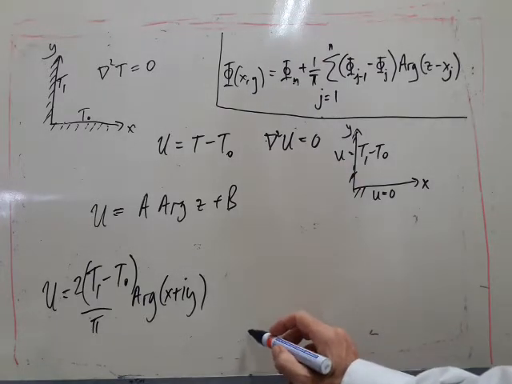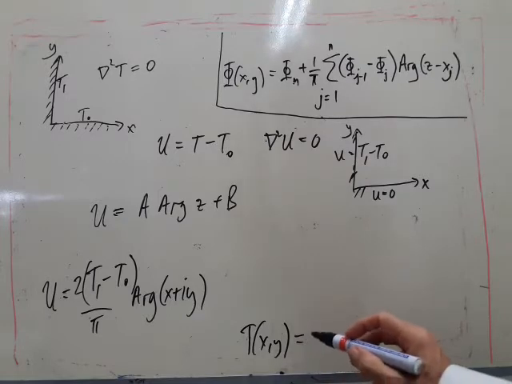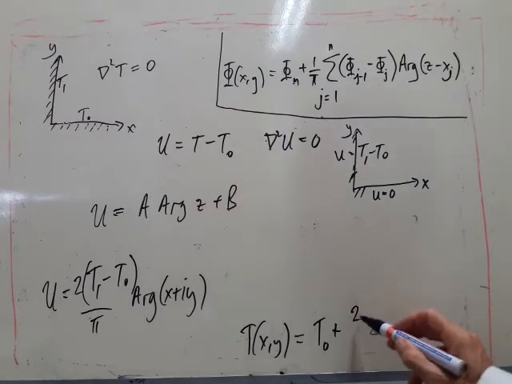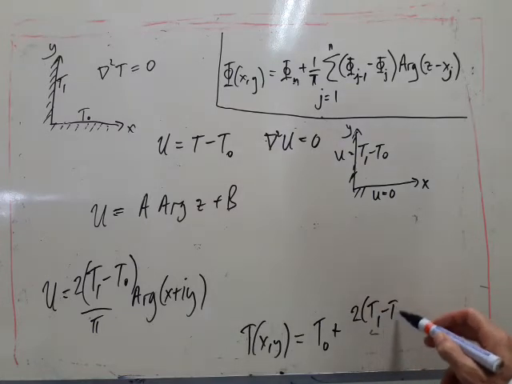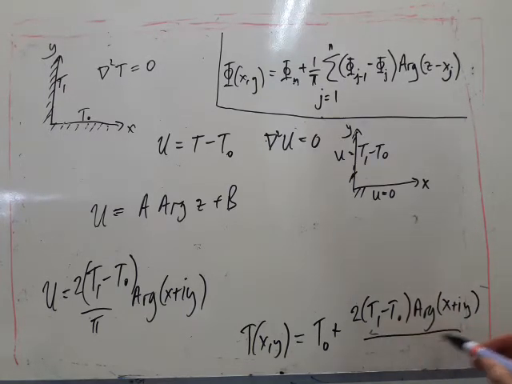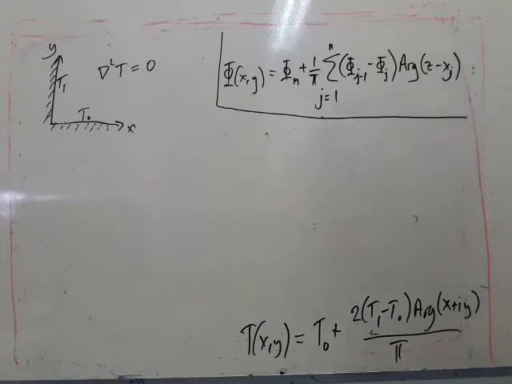So we end up with the solution T of x, y is equal to T0 plus 2(T1 minus T0) over pi times arg(x plus iy). So this is the quickest way of solving this problem.